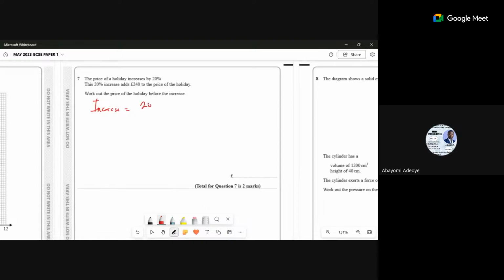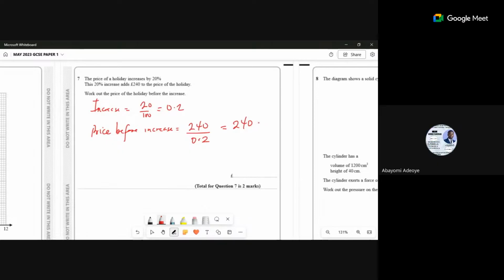So 20% is 0.2, right? So the price before increase equals 240 divided by 0.2. You get that? Yeah. Okay. So 0.2 is 1/5, right?